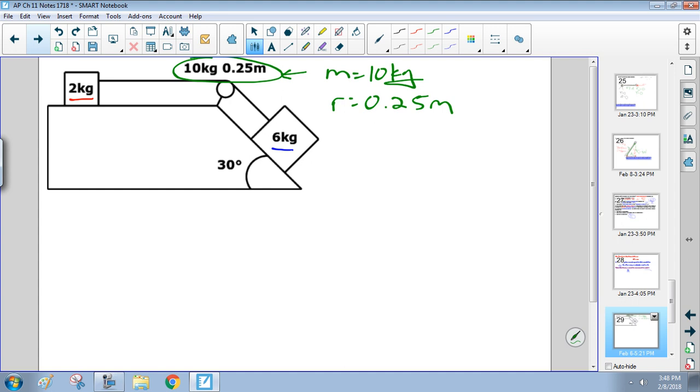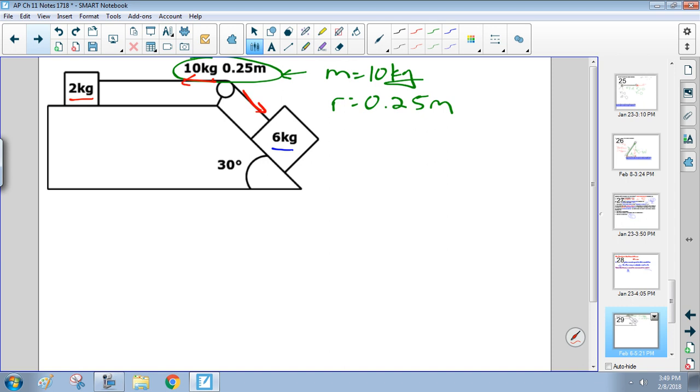If the pulley is massless, when we've done problems like this before, the amorphous blob problems, what we did was we said that the tension at this end is the same as the tension at this end, right? But that's not going to be true here, because if our tension was equal, the pulley wouldn't spin, right? In other words, you'd have some force pulling the pulley this way, some force pulling the pulley that way.